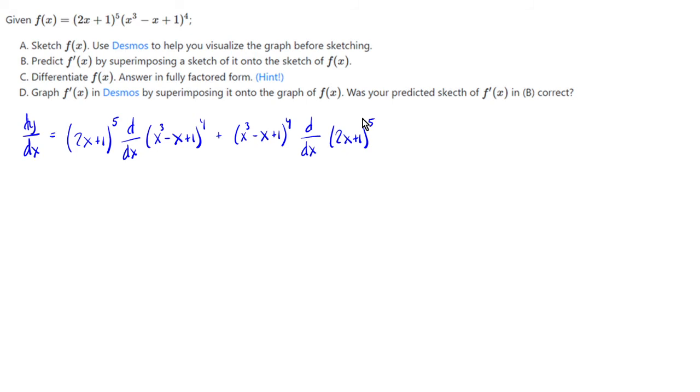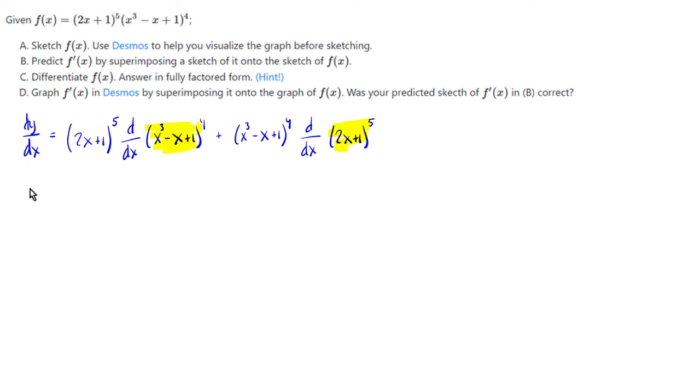Okay, let's now differentiate this, being aware that as we differentiate this function here and this function here, we'll have to use the chain rule because these are composite functions.